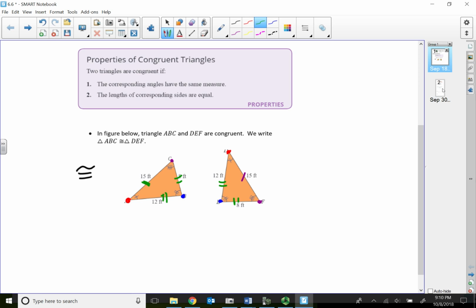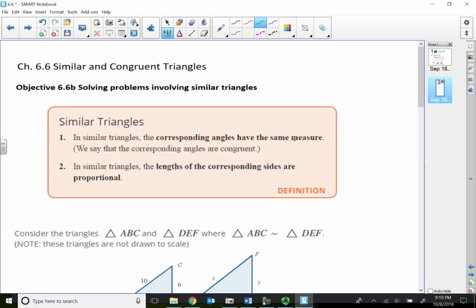Now for the word similar, that's a little bit different. For similar triangles or similar figures, the corresponding angles have the same measure. However, the lengths of the corresponding sides are proportional. That's a key word here. Similar means something of the same.